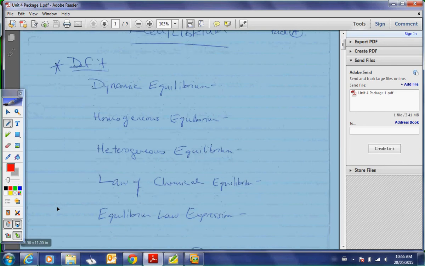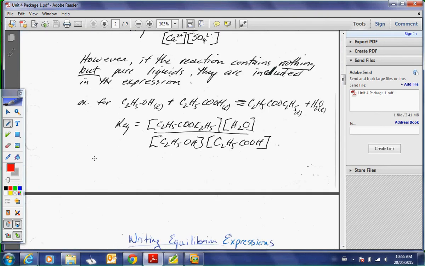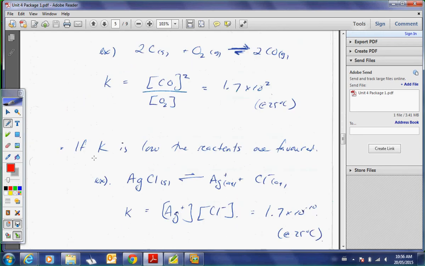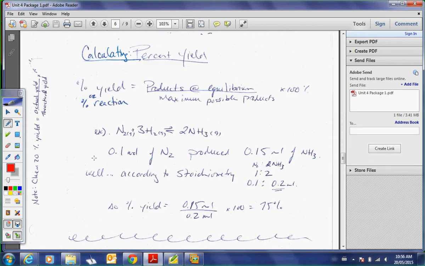Okay? And then we were doing a bit about percent yield. I got you to figure out the percent yield yourself because it's a Chem 20 concept anyway. And it's the same thing as the percentage that you get on a test. The only difference is that it feels different because you're talking about theoretical yield and experimental yield and maximum yield.